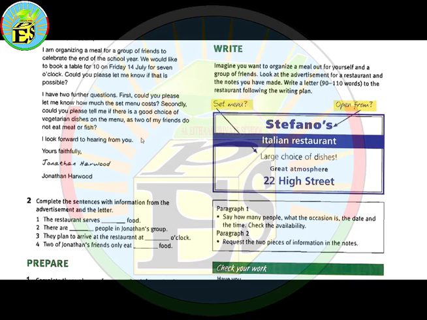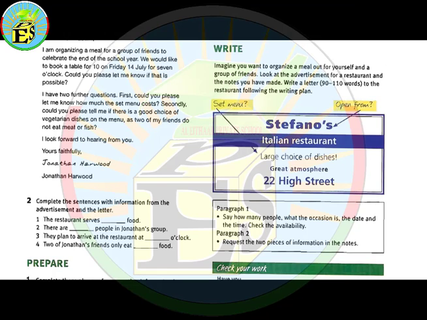So in his letter, he was requesting the restaurant to tell him if they serve any vegetarian food. Why is that? Because 2 of his friends do not eat meat or fish, so this means that they are vegetarian. So they only eat vegetarian food. This is the answer of example number 4.